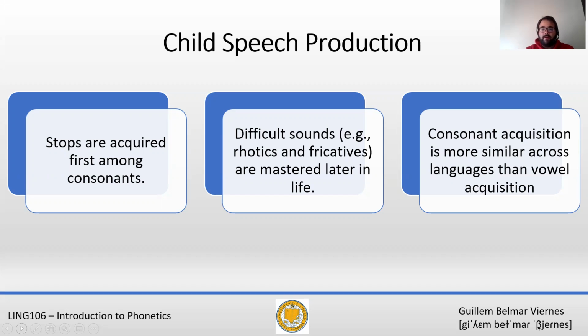One interesting observation is that consonant acquisition is more similar across languages than vowel acquisition. So that basically means that we normally acquire first the schwa and then the a vowel, but what vowels we acquire later on in life depend a lot on the vowels that we get as input, right?